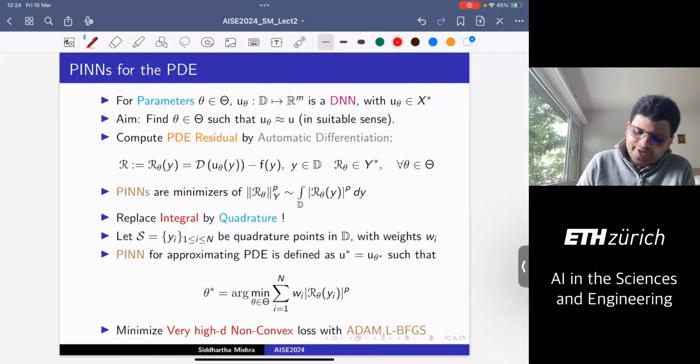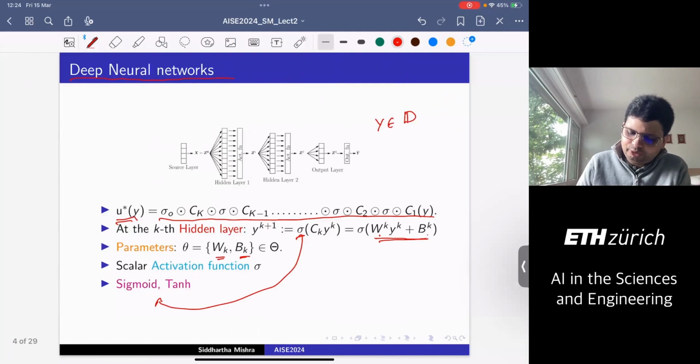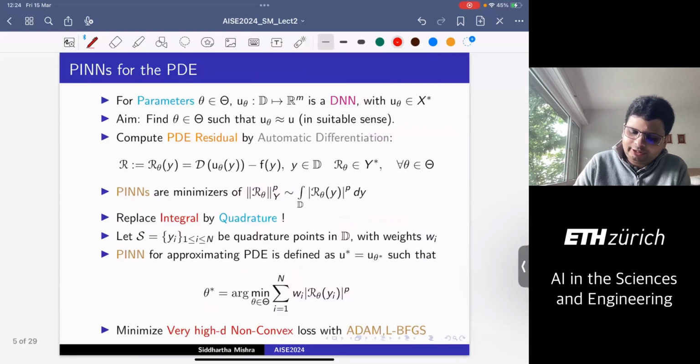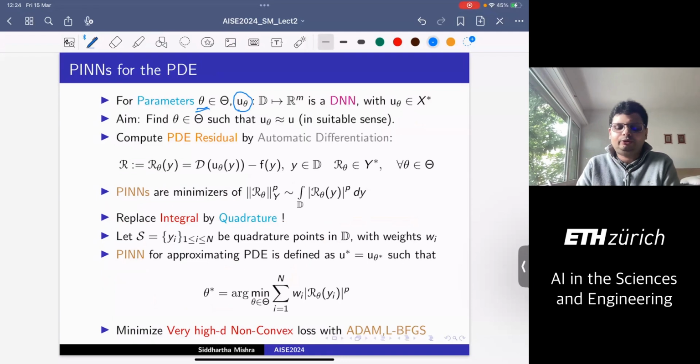Each of these neural networks is defined in terms of this parameter vector theta, and this defines the deep neural network u_theta. This is what is going to approximate my solution of the PDE.